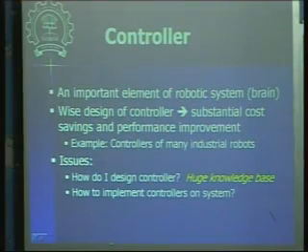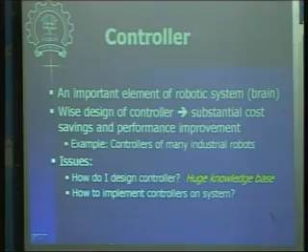So controller forms an important element of robot manipulator. It's like a brain of a robot. So whatever sophisticated task the robot performs, the controller has to be designed to carry out that particular task. So controller is designed in a very sophisticated manner for all the high performance task robots. It really gives that intelligence to the robot.